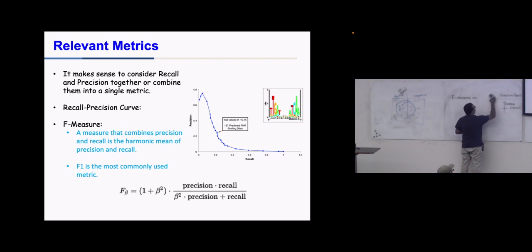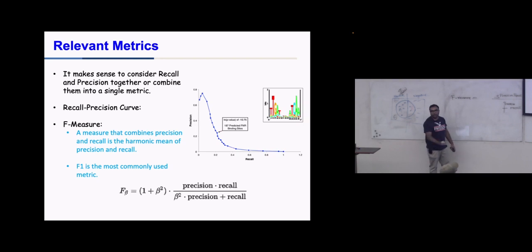And if beta is equal to 1, this formula will turn out to be 2 times precision into recall divided by precision plus recall, which is essentially what? 1 divided by 1 by precision plus 1 by recall, divided by two, right?